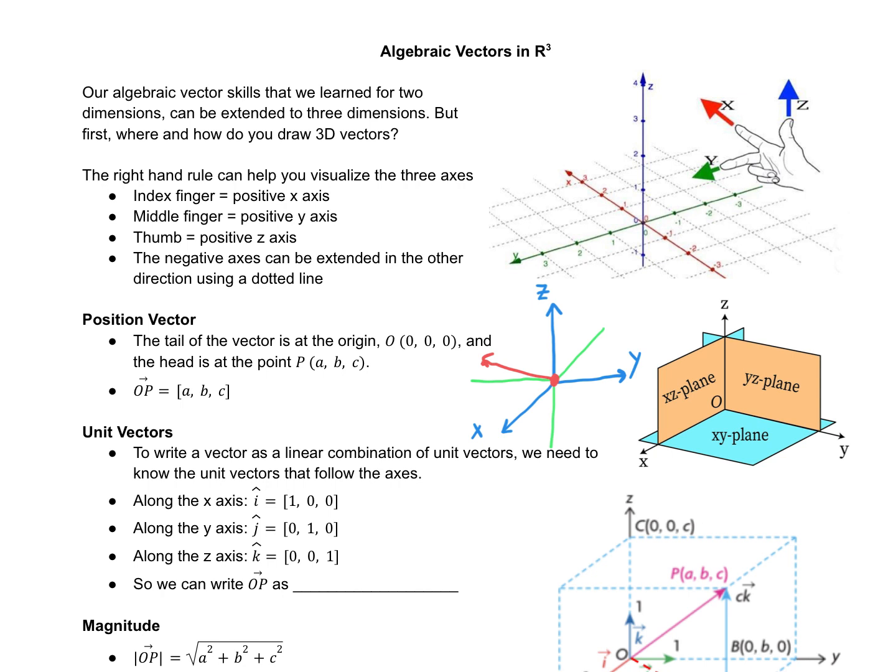So what are the unit vectors for x, y, and z? Well, our x component is still i, except now we have the vector as [1, 0, 0]. And this is the vector that has a magnitude of 1. Its tail is at the origin and its head is at an x value of 1, but the y and z values are 0 because this point lies on the x-axis.